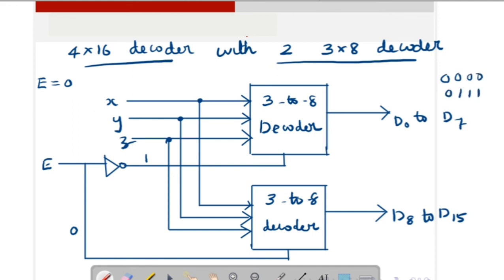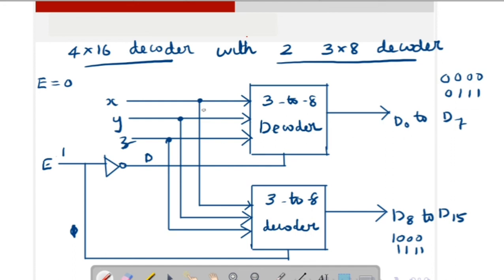When E is equal to 1, here it is 0 and here we get 1. In that case, bottom decoder is enabled and top decoder is disabled. So here we get the output as 1 0 0 0 to 1 1 1 1. And top decoder outputs are all zeros.